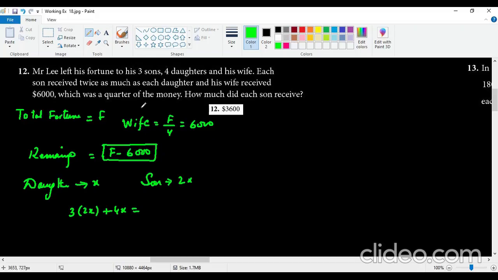In here, it is 6 times 4, that means it's going to be 24. So altogether it was 24. Okay, so the total amount was 24,000. Keep this in mind, because the fourth part is 6,000. That means 4 times it is 24. So this is the total fortune.